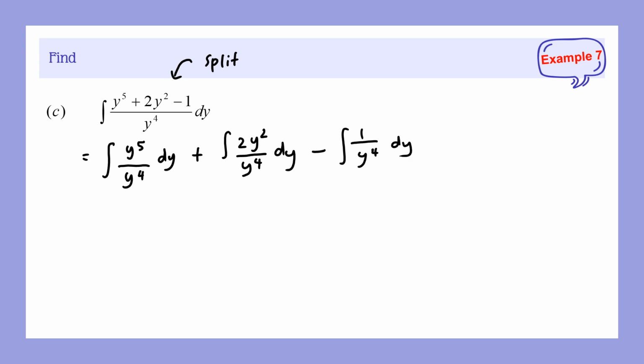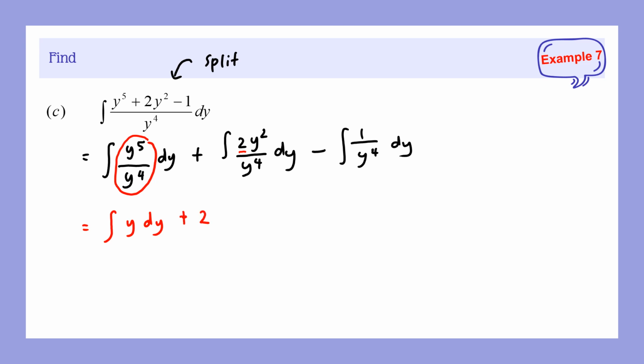Then we simplify one by one. The first one, y to the power of 5 over y to the power of 4, we can simplify using the rule of indices, so we get y dy. So we have the integral of y dy. Then plus the integral of 2y squared over y to the power of 4. This one has a constant 2, so we bring out 2.